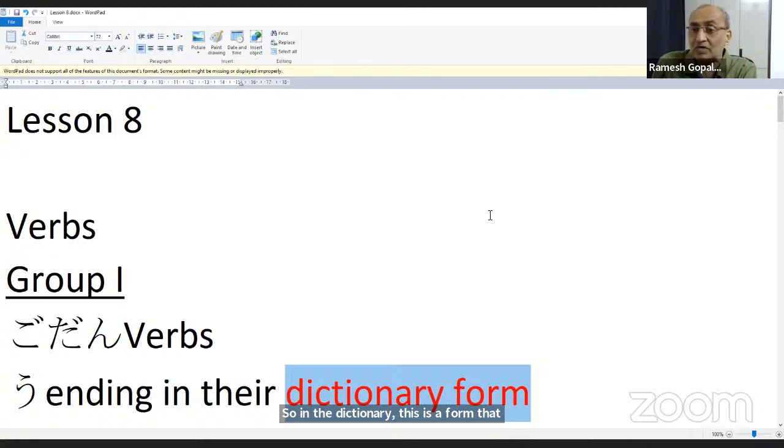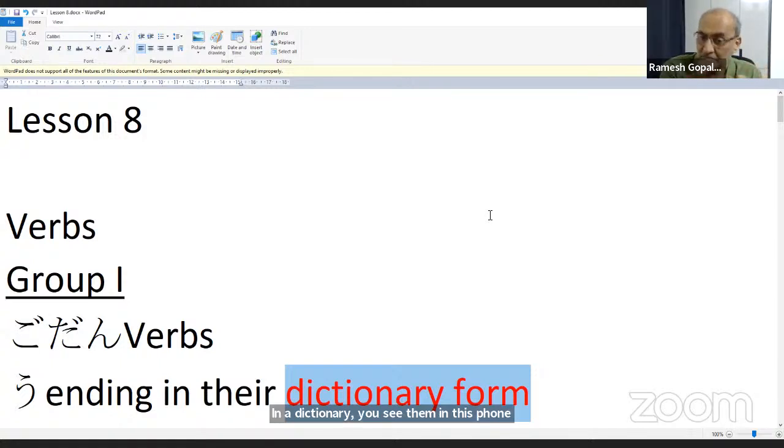So if you don't know this form, you will not be able to locate this word in a dictionary. Anything, anywhere, any listing of verbs will have this form. Verbs will be only in this form in any kind of list. In a dictionary, you see them in this form.